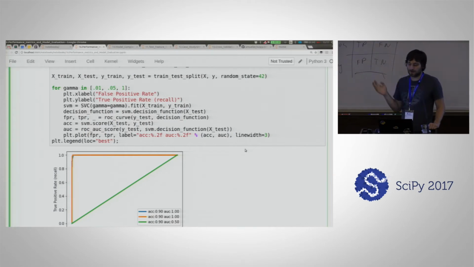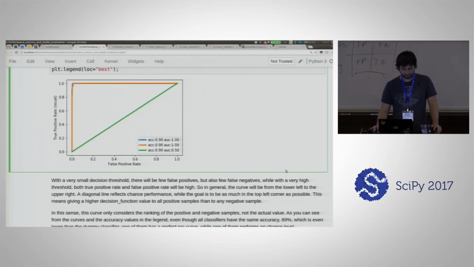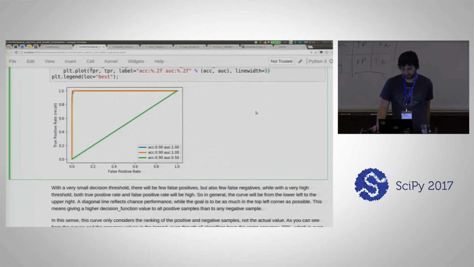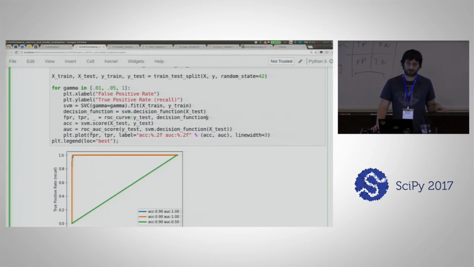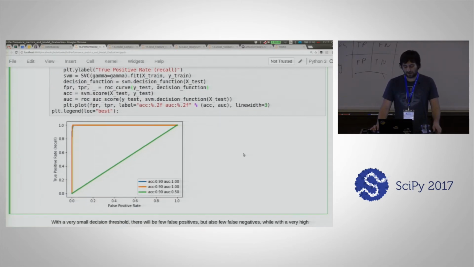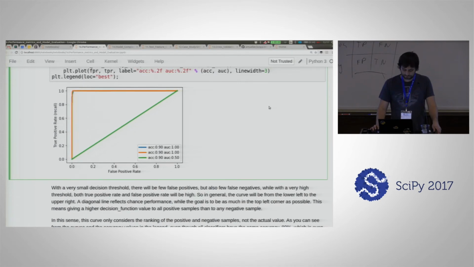These are independent of how balanced or imbalanced the data set is. So 0.5 will always be chance, and 1 will always be perfect. The reason why these have AUC 1 and accuracy 90% is probably that the default threshold of 0 was not very good for this imbalanced data set.